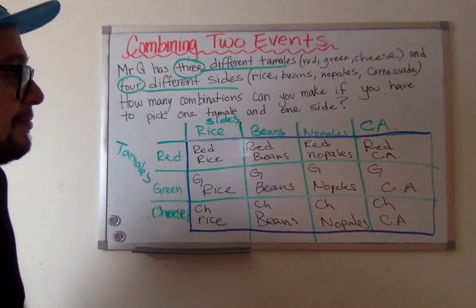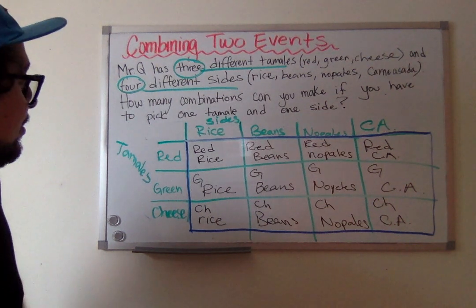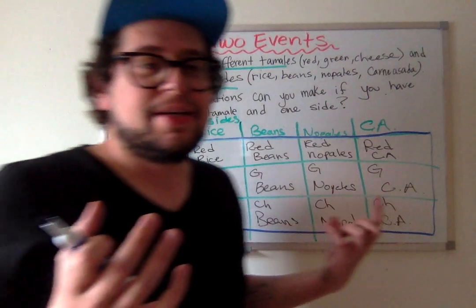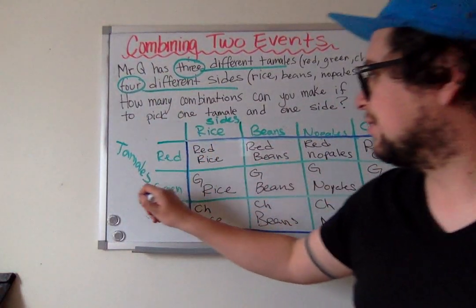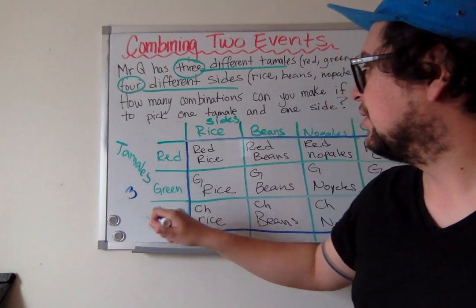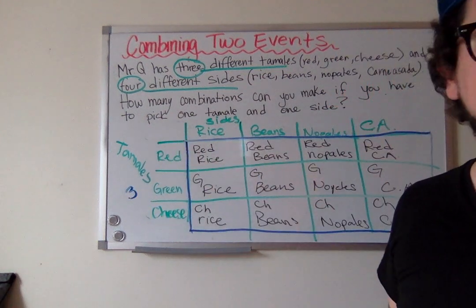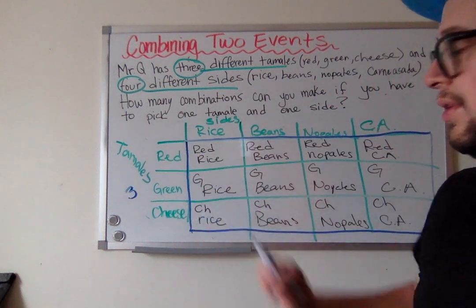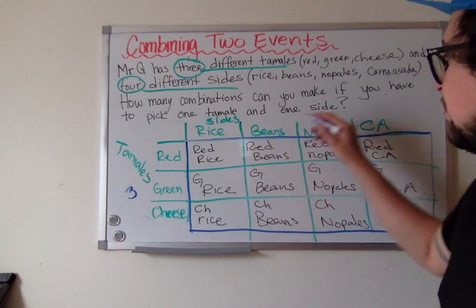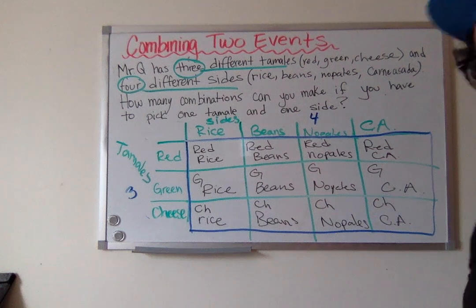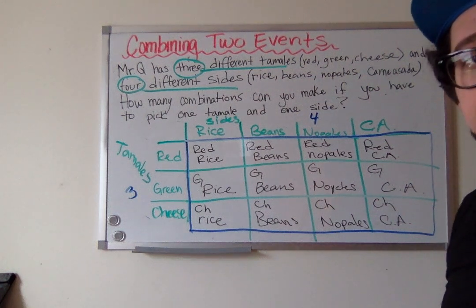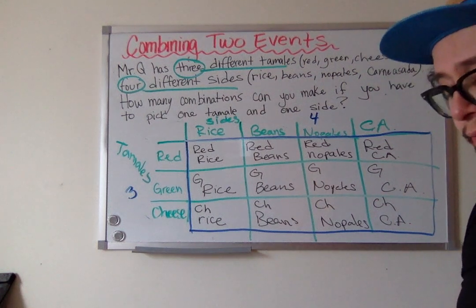Okay, so we have a rectangle here, and our rectangle has three, 1, 2, 3 spaces, and it's also by 4. If I do 3 times 4, I'm going to get 12.